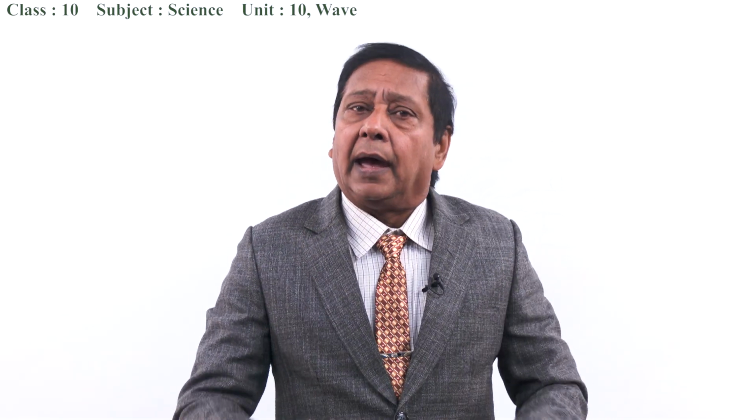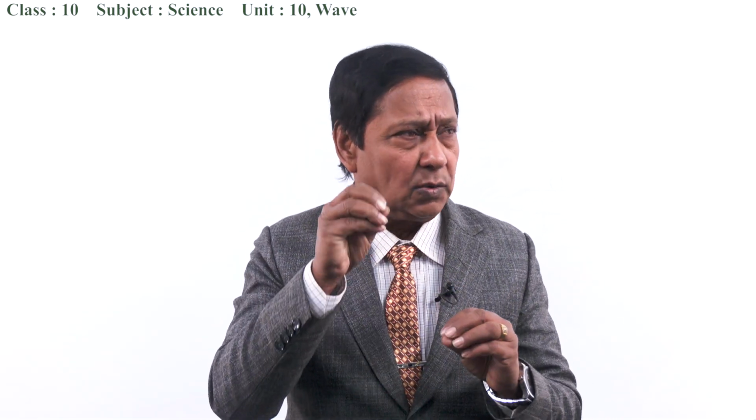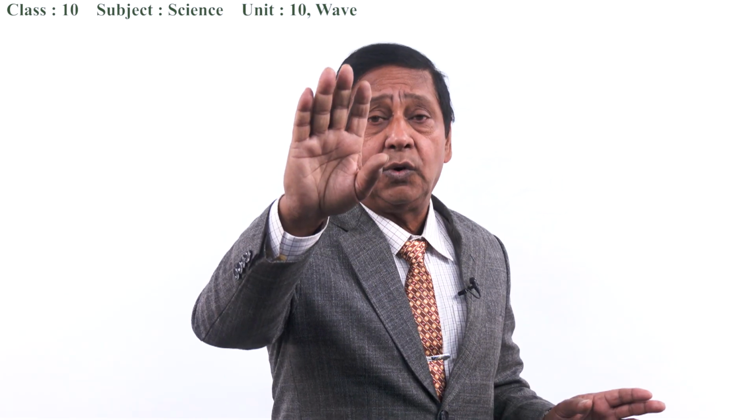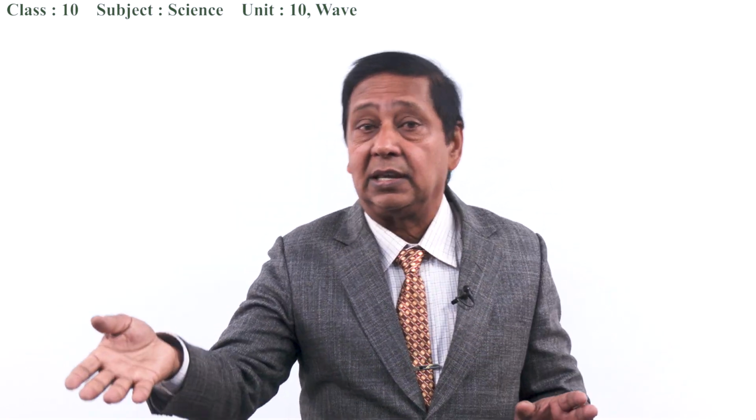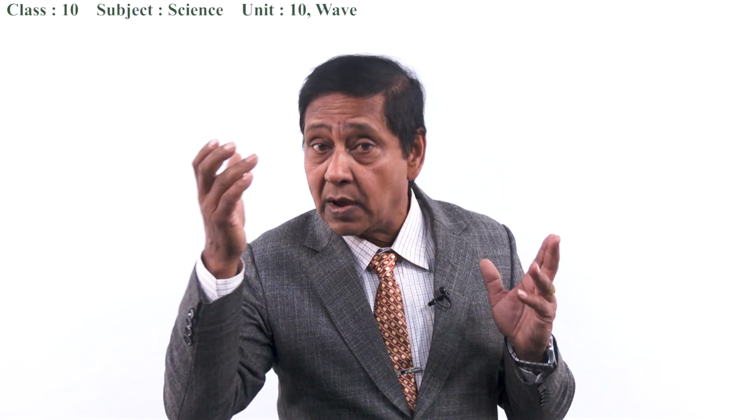I want to tell you one interesting matter. I think you have seen the rainbow in the sky. Whenever there is rain, after the rain, if the sun is behind you, a rainbow appears in front of you, I mean opposite of the sun. Yes, you have observed this.